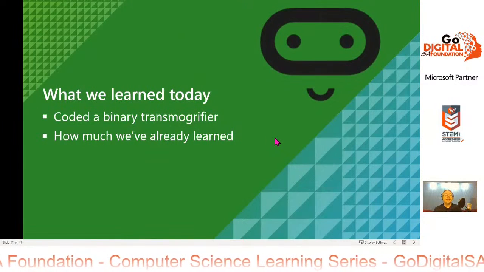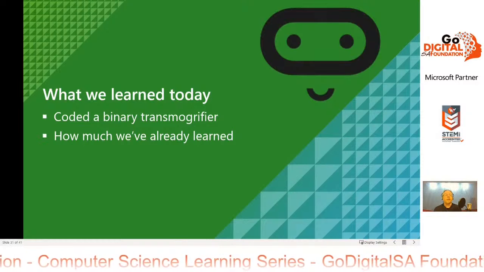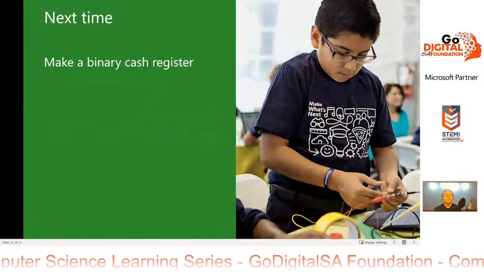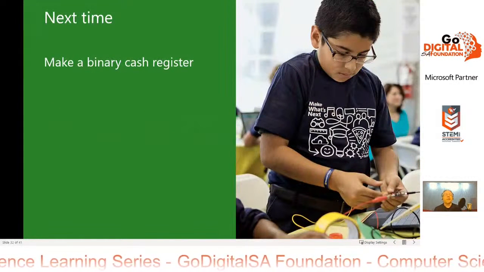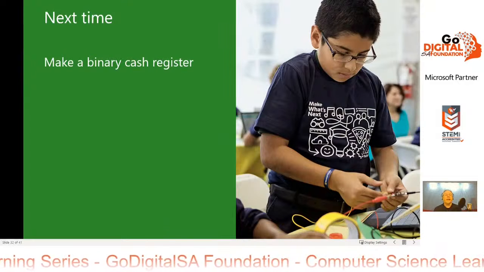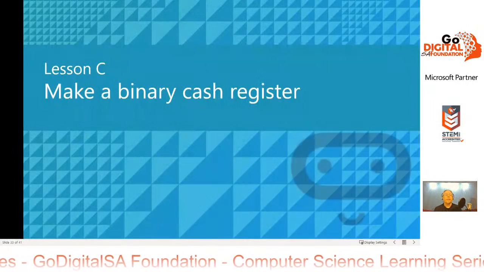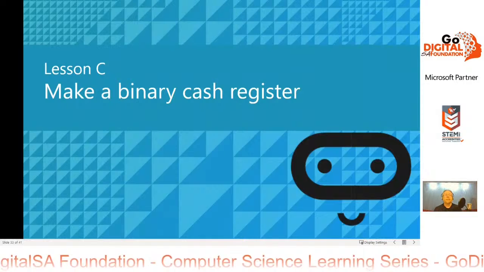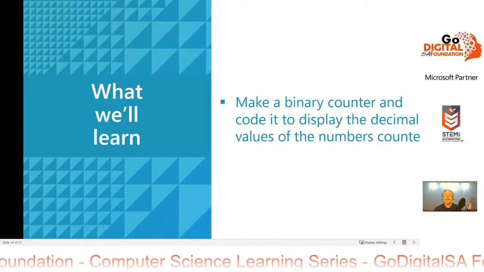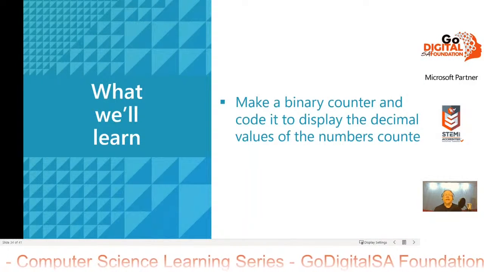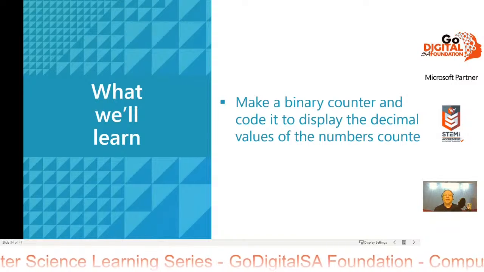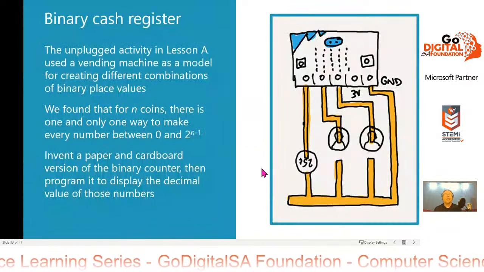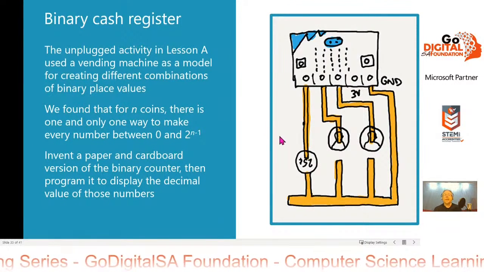So what we learned today, we coded a binary transmogrifier. Okay, and for a project at home, you can try to make a binary cash register. Okay, so you want to try to make a binary counter and code it to display the decimal values of the numbers counted. So here we've got a binary cash register.